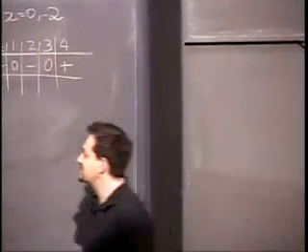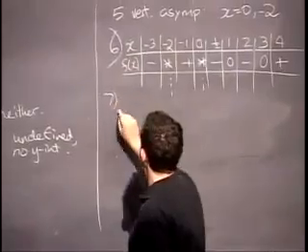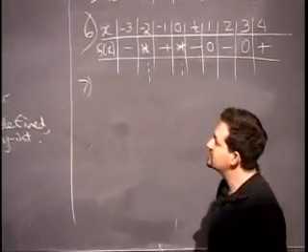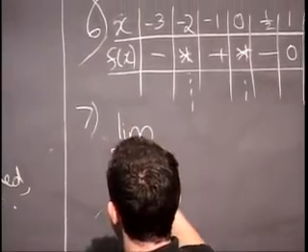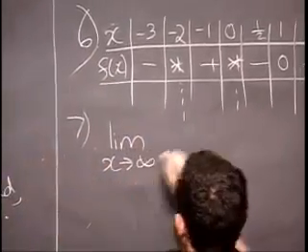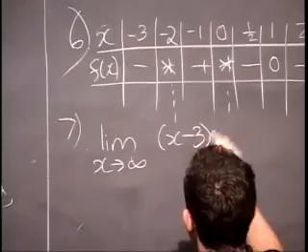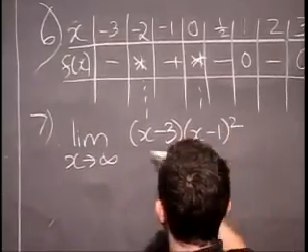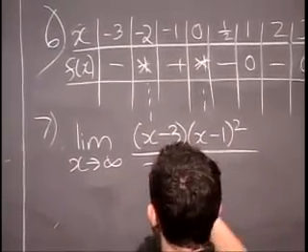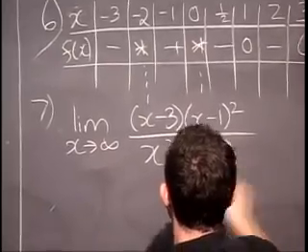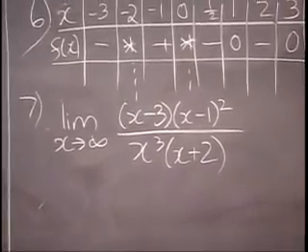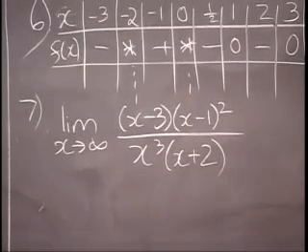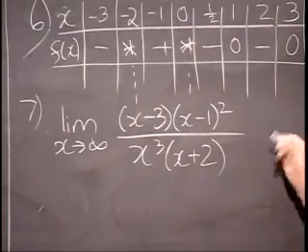All right, the last step before calculus, step 7, is to try to see what happens as x goes to infinity. So let's take the limit as x goes to infinity of the function x minus 3, x minus 1 all squared over x cubed times x plus 2. Well, the simple thing to do is to notice that the top has degree 3 and the bottom has degree 4. But you actually don't have to do that.